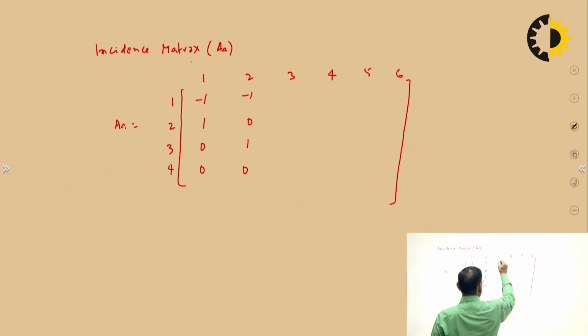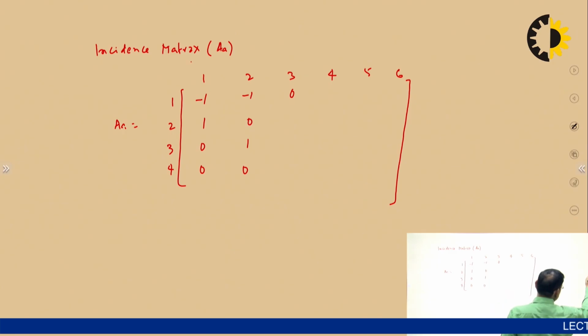Sorry, it is branch number 3. Branch number 3 is from 1 to 4.